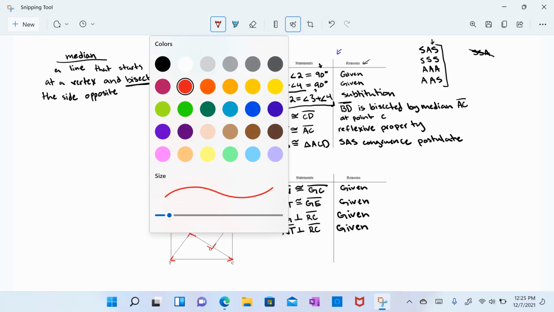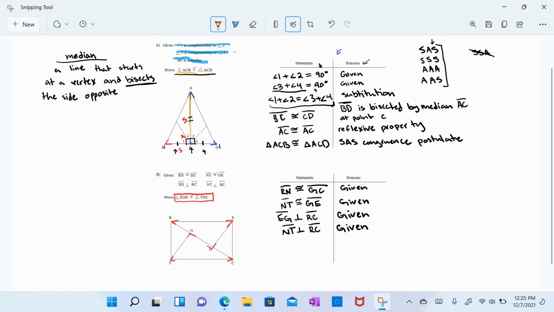Now let's mark the information we were given. So we know that RN and GC are congruent. We know that NT and GE are also congruent. So NT, which is over here, and we put 2 lines because this is a separate congruence. And that's just to make sure you don't confuse this line with this line.